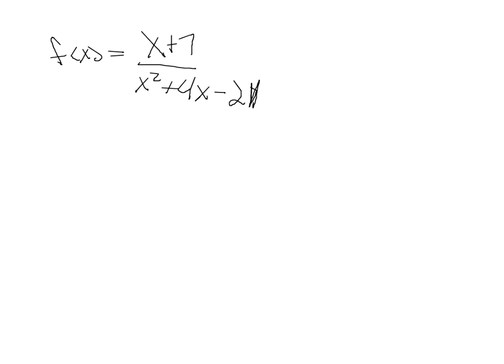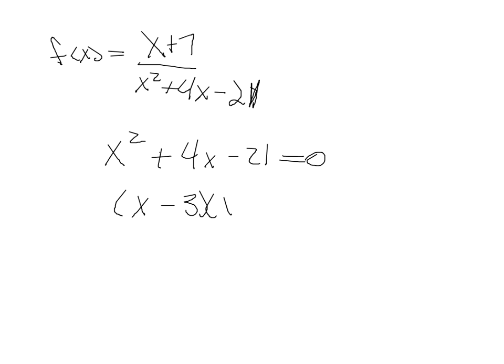Last one, we're going to look at the function x plus 7 over x squared plus 4x minus 21. Now we saw this one in the other video when we were determining domain. So I begin by taking the denominator and setting it equal to 0. So I'm going to determine my domain. This is going to factor into x minus 3 and x plus 7.